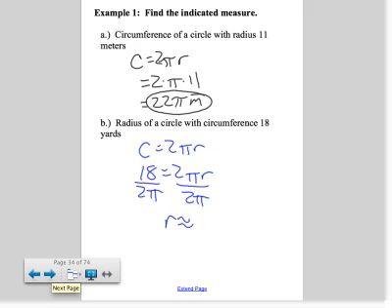I'm just going to use 3.14 for pi, because the calculator that I have doesn't have a pi button on it. So 18 divided by 6.28 equals, so you should get something pretty close to 2.9 or 2.87. And again, it's a radius. The circumference was 18 yards, so the radius is 2.9 yards. Just make sure you have the right units, that's all.